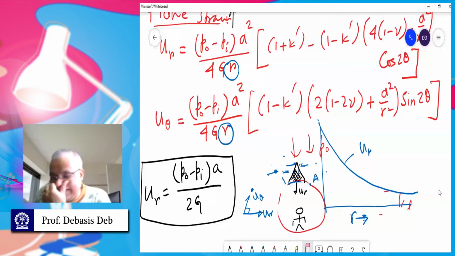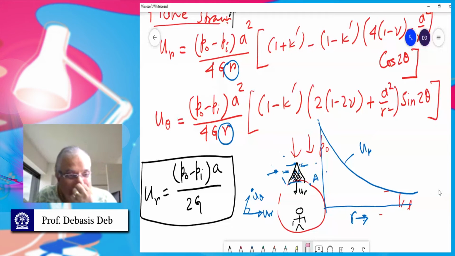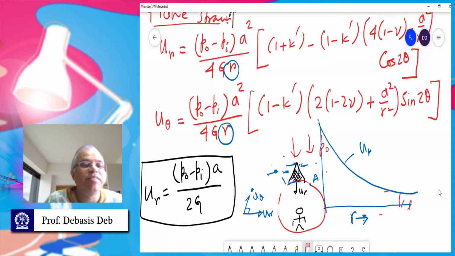So this is the relationship between UR, the material property G, and radius A. What you are seeing here is, if the radius increases, the displacement will be more, number one.